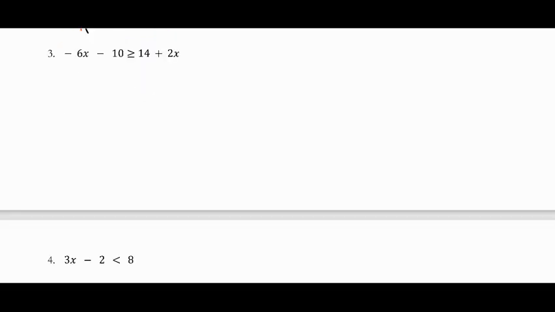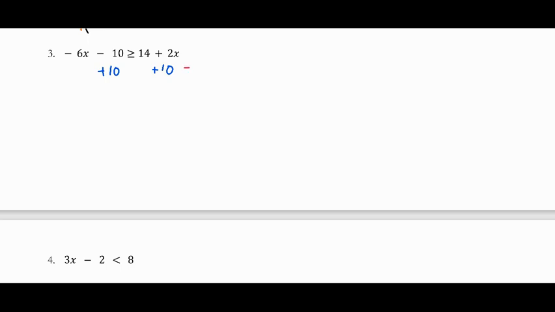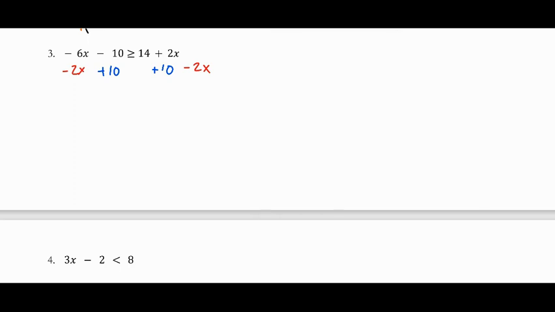All right, number 3, again, we're trying to get x to the same side of the equation. So it doesn't matter if we add 10 to both sides first, or if we subtract 2x from both sides. If we subtract 2x from both sides, we get the same deal. Or we can do it all at the same time. So negative 6x minus 2x is negative 8x. Those cancel each other out.